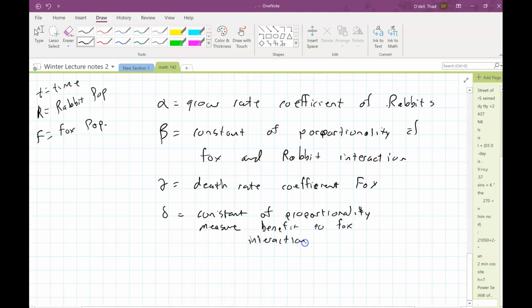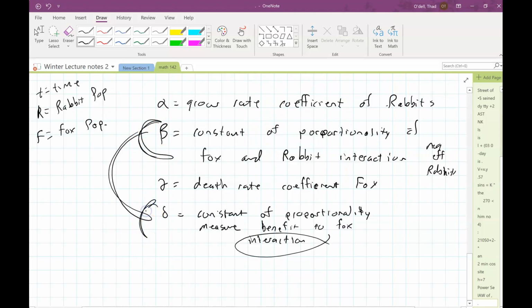Yeah, I guess we need two different ones, because here this is the constant of proportionality for the fox and rabbit interaction that has a negative effect on rabbits, and this is the positive effect on fox. So these two are different constants: this is how the interaction between fox and rabbit affects the rabbits, and this is how the interaction between fox and rabbit affects the fox.